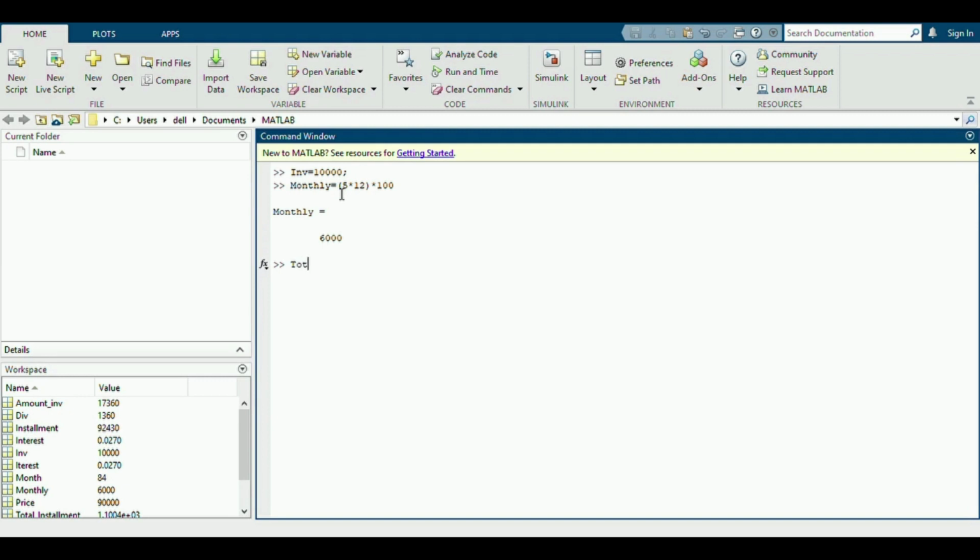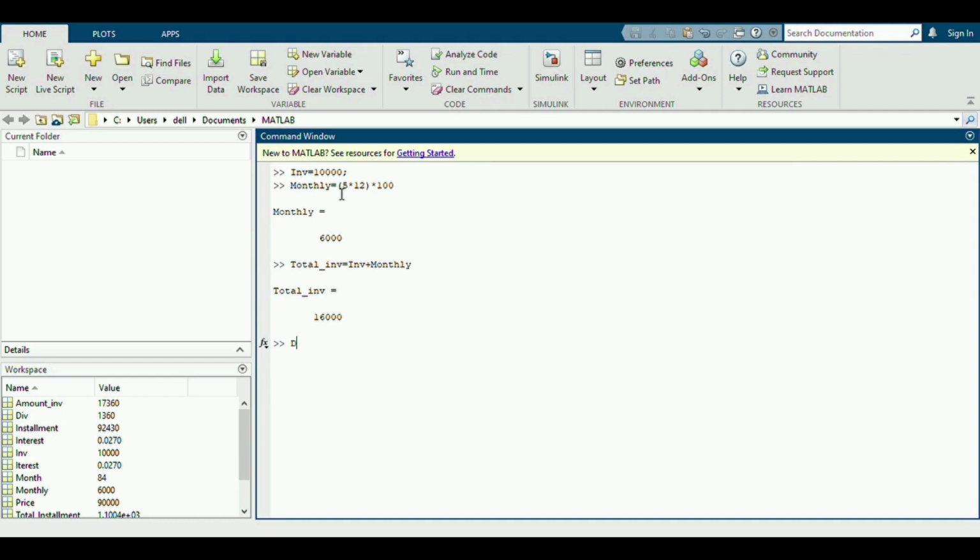To calculate the total investment, we need to add both of them. Investment plus the monthly. We will get the total investment is 16,000.